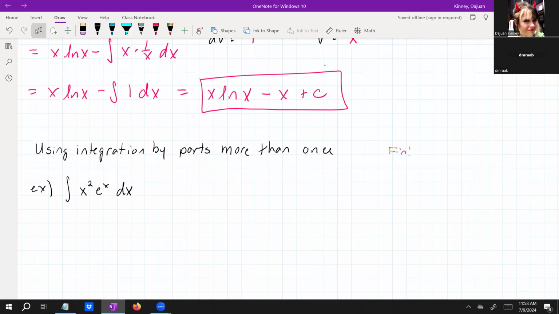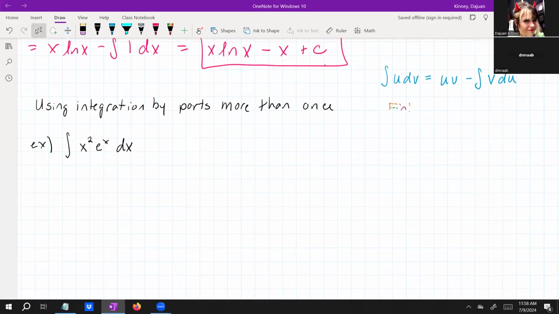So let me again write my formula, u dv equals uv minus v du. I sometimes forget my formulas, so I find if I write them at the top of my page every time, that helps. This is the equivalent of doing that.